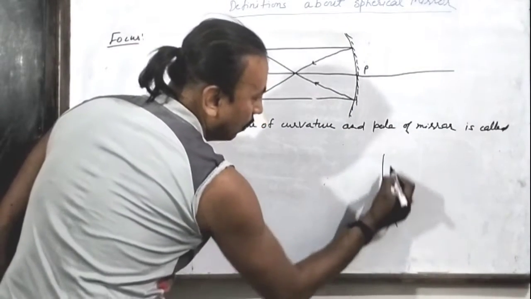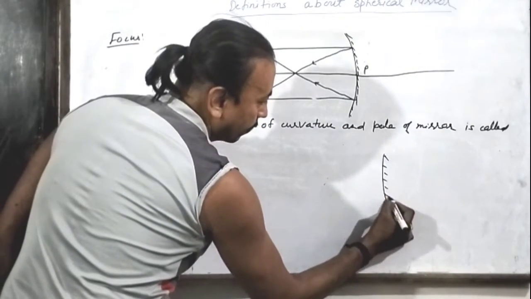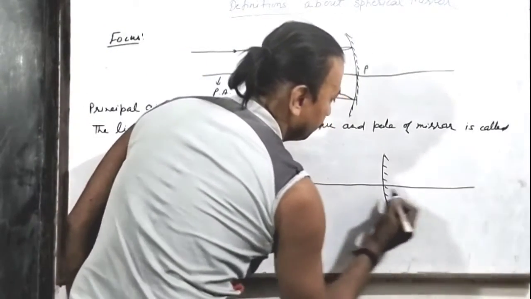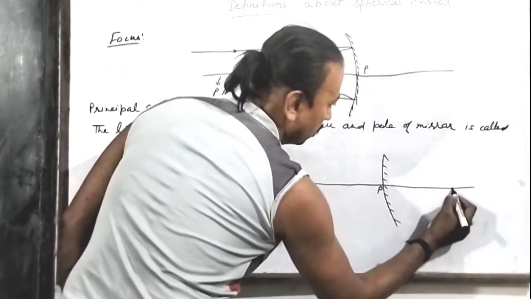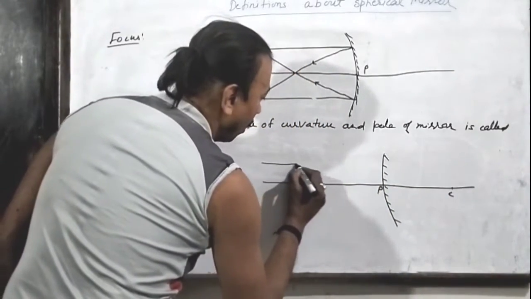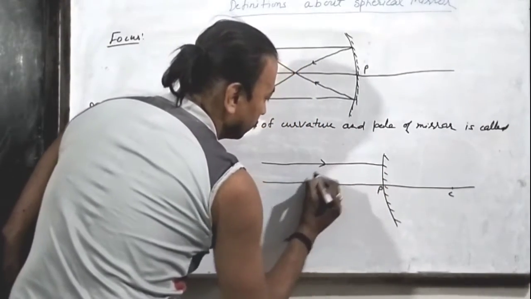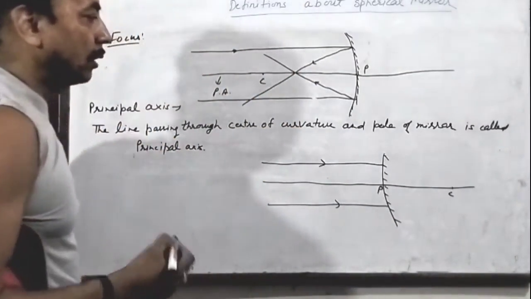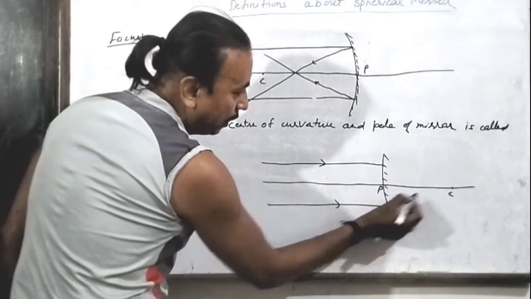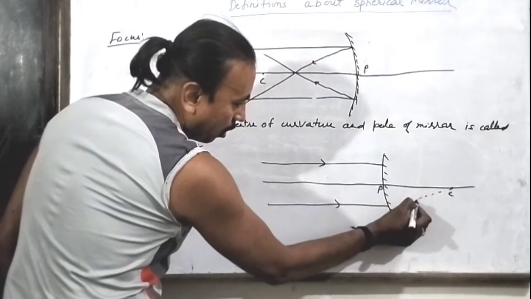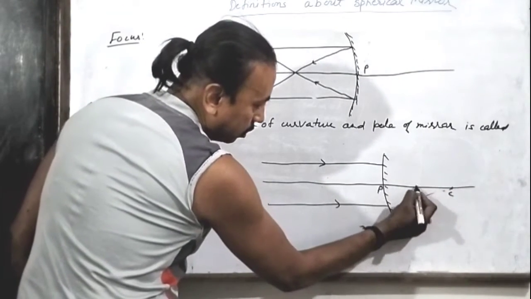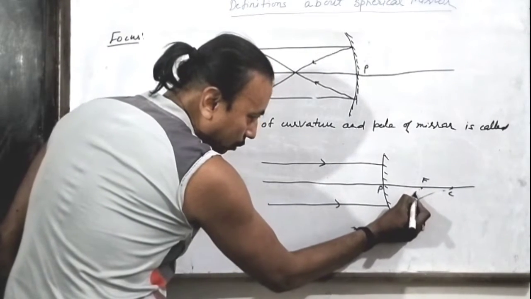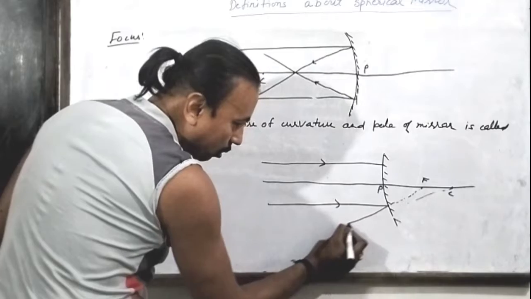For a convex mirror, this is the principal axis and the center of curvature; all lines parallel to the principal axis, after reflection, appear to come from a fixed point on the principal axis, that is called focus.